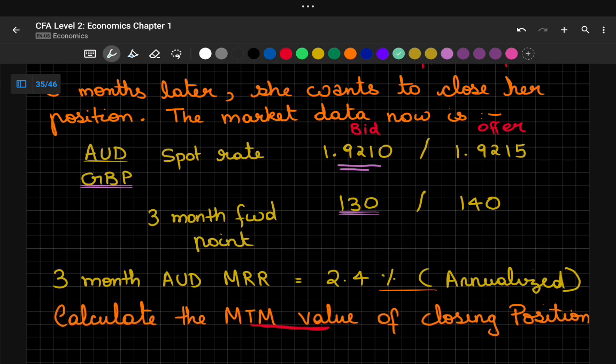If Ria is selling GBP, the dealer would be buying GBP. Since Ria is selling and the dealer is buying, we would be using the bid price. And we have to calculate the 3-month forward for the contract that we are entering. Hence, the forward point should also be considered. So, the forward point is 130.